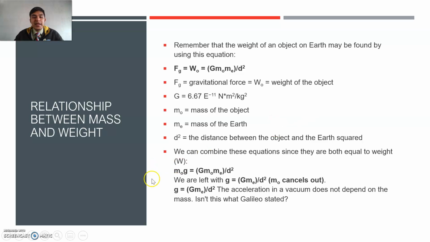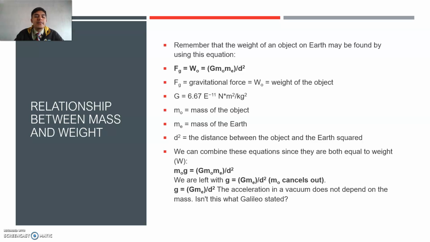So in this case, we have mass times gravity, and mass times gravity is the weight, basically. And the gravitational force is the formula that you have on our right, which will be G, Mo, Me, divided by d squared.